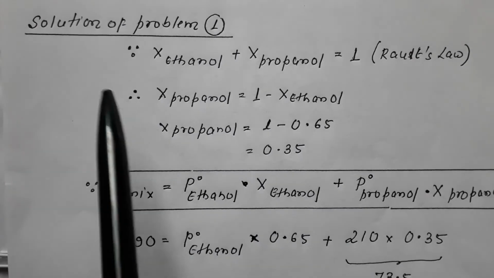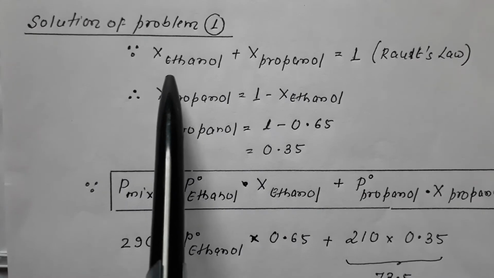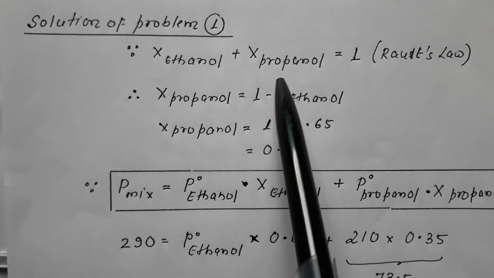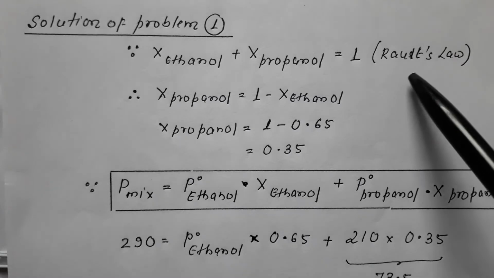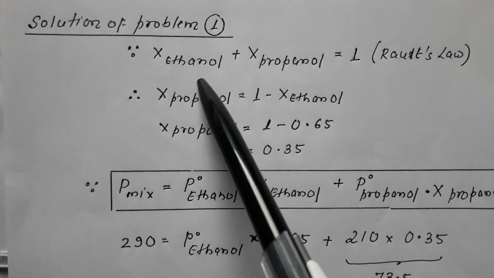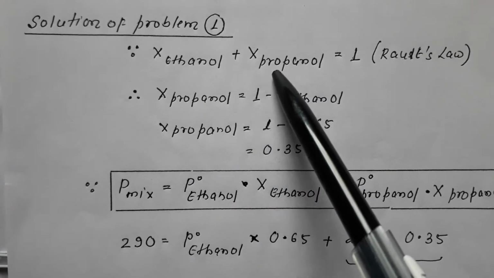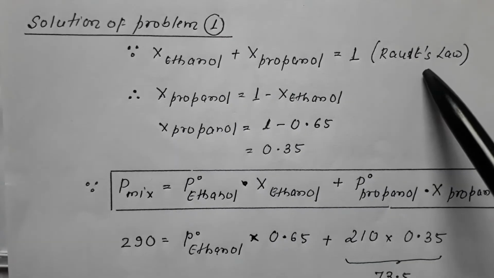Now we know that the mole fraction of ethanol plus the mole fraction of propanol is equal to 1. We have done that if there are two components mixed to form a mixture, then the sum of the mole fractions of all the components is always 1, as per Raoult's law.